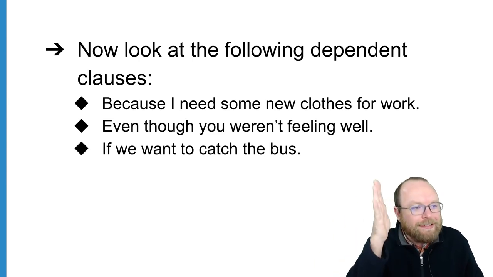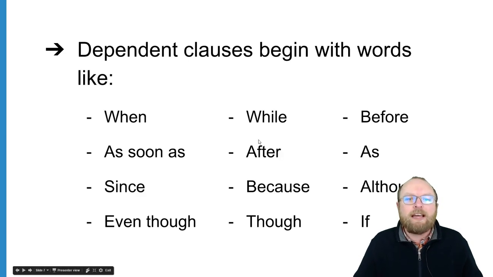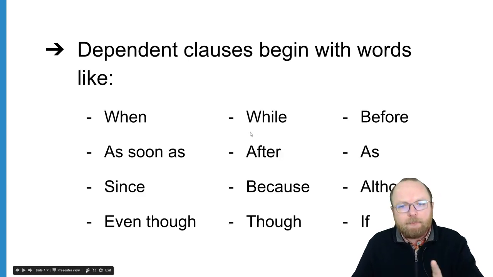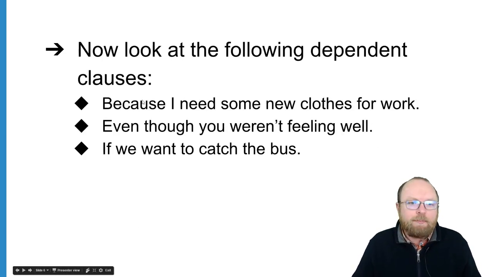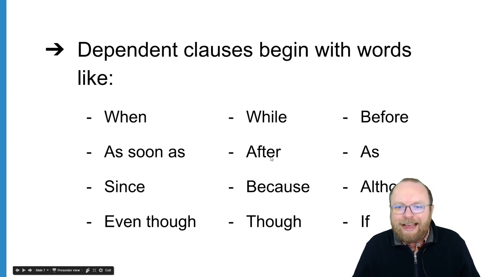These are dependent clauses. Now, what does that mean? Well, before I tell you the meaning, you guys can see that dependent clauses always start with special words like because, or even though, or if. Here are some more: when, as soon as, after, as, though, since.